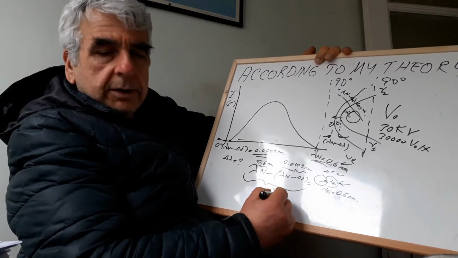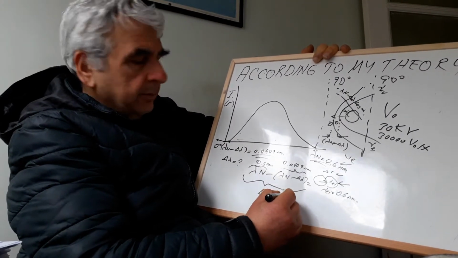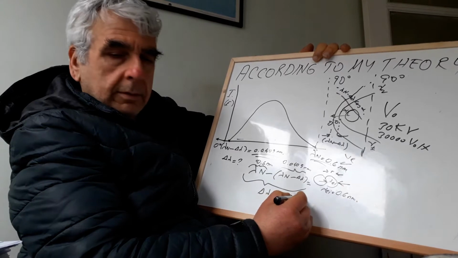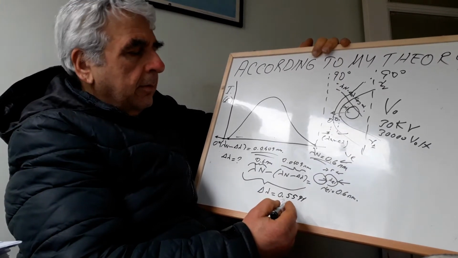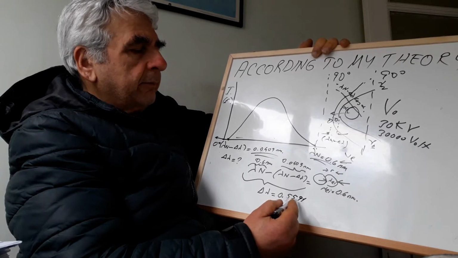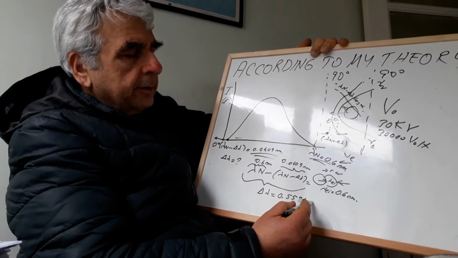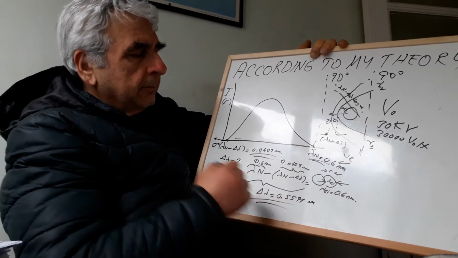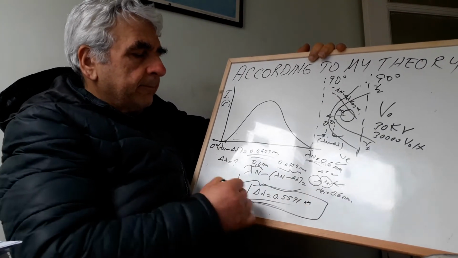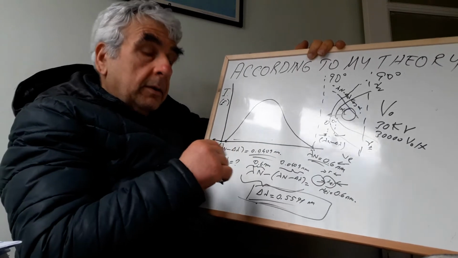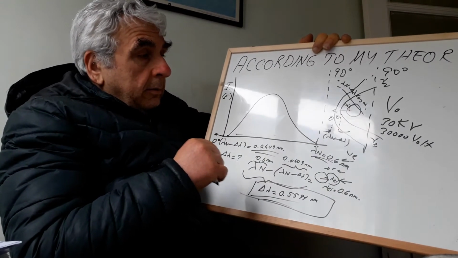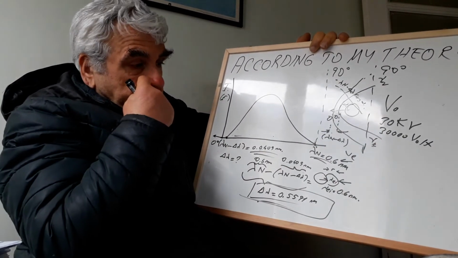Delta lambda equals 0.5591 nanometer. We found delta lambda. Okay, this was the first step of my formulas.